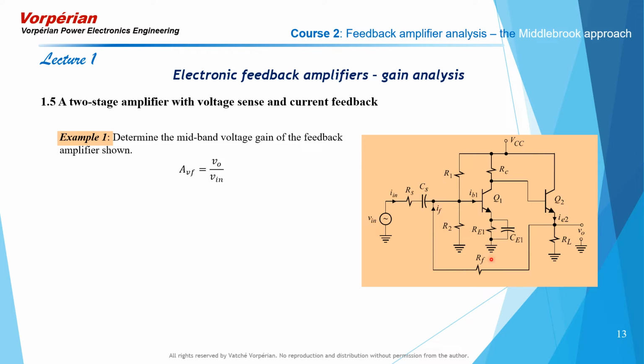Now, since this is an amplifier, the input voltage is expected to be much smaller than the output voltage, so that the voltage across RF, the feedback resistor, is approximately the output voltage. That means we are effectively sensing the output voltage and feeding back a small current signal with a gain 1 over RF, and that current is being subtracted from the input current signal at this node here.